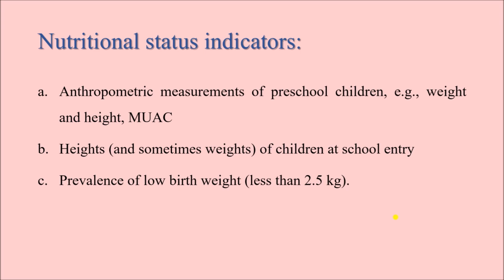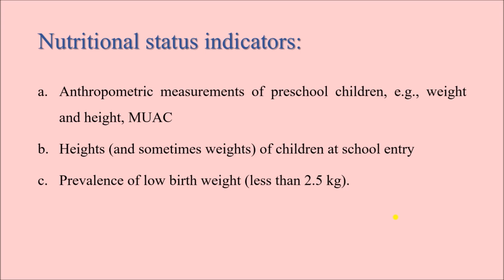We can also measure their mid upper arm circumference, that is MUAC, which is usually measured between 6 months and 5 years of age, and that will also tell us about the nutritional status of the under 5 child. Alternatively, we can measure the height and sometimes the weight of the children at school entry.